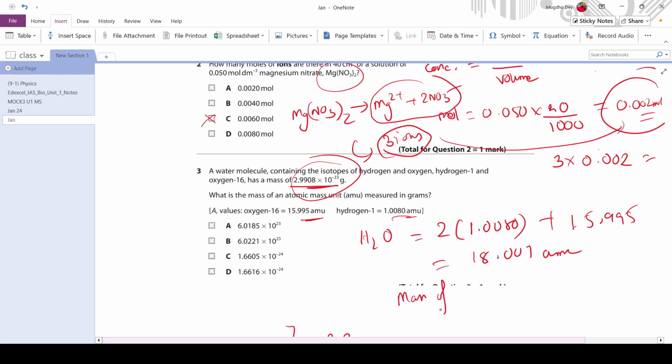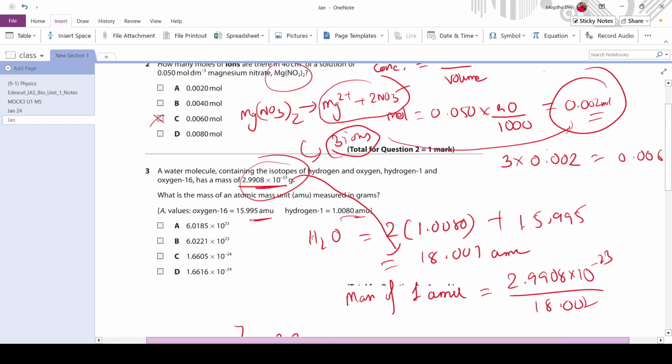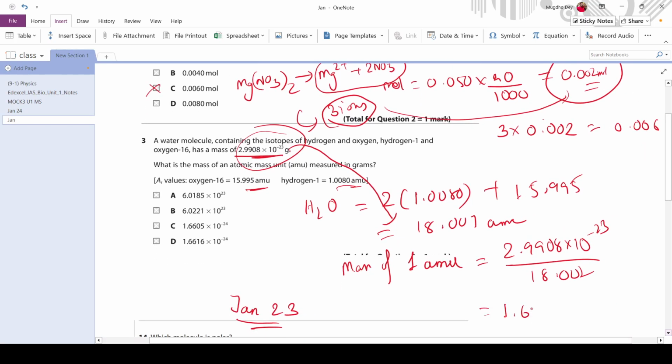So the mass of 1 AMU would be, if we just divide this with this, since this mass basically represents this amount of AMUs, or in other words, this amount of AMU represents this amount of mass in grams, so what will one AMU represent? We basically just divide it and we get the value, which would be 1.6605 times 10 to the minus 24 gram.